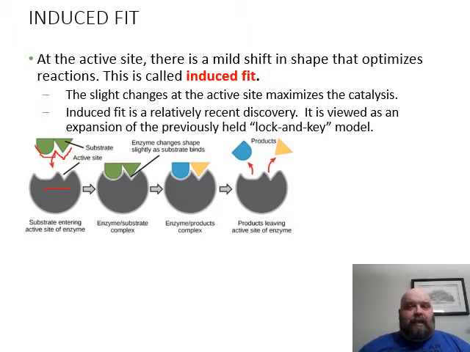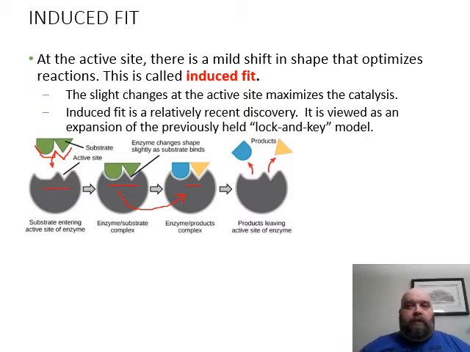As the enzyme's active site starts to interact with the substrate, it will change the shape of the enzyme. And as it's changing the shape, what it's allowing to happen is the cut, the paste, the twist, the tweak, whatever.